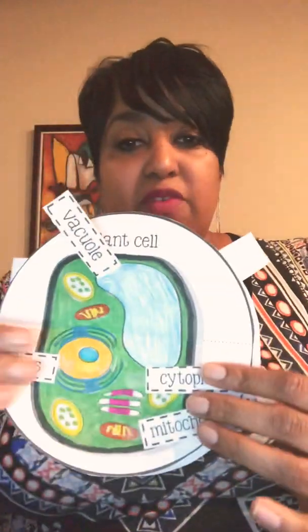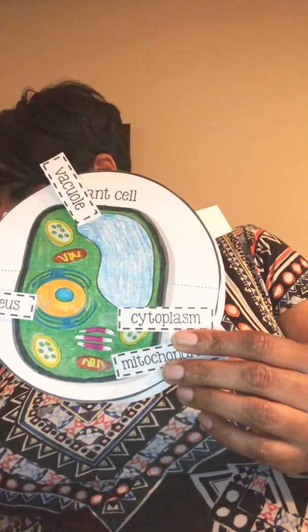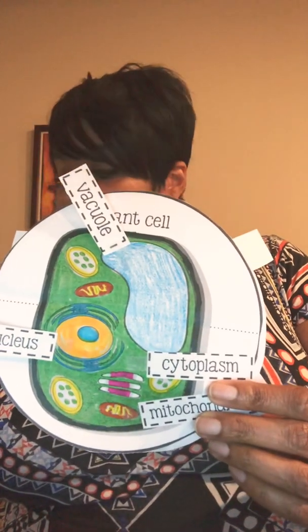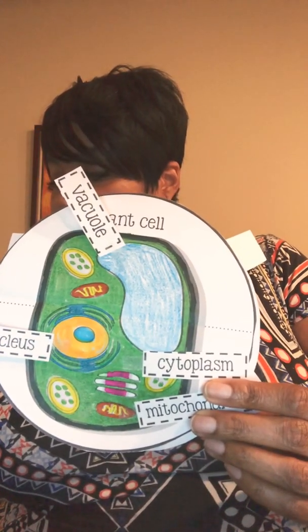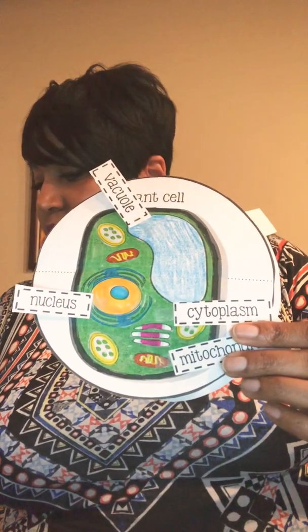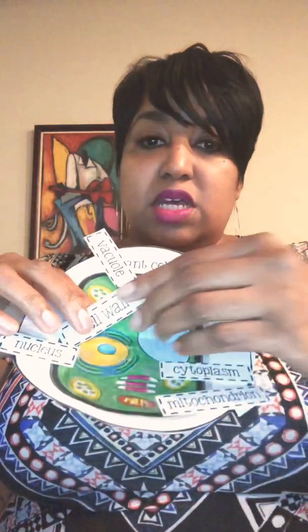But remember, we have a few things that we still need to add to our plant cell. So remember, your plant cell has that rigid cell wall.